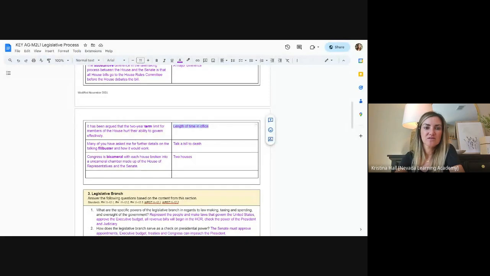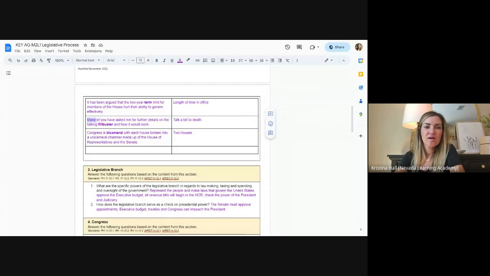All right, let's do the next one. Many of you have asked me for further details on the talking filibuster or how it works. We'll talk about filibusters a little bit more in our next class. So filibusters are a tactic used on the House floor or the Senate floor by members to try to burn time, to dissuade, or to get attention when you're trying to advocate for something or against something.